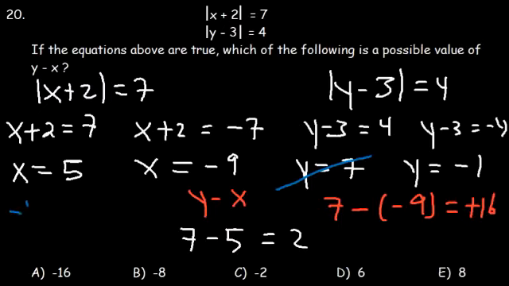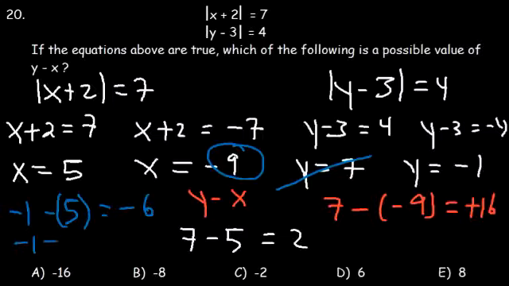So if we use negative 1 as y, we can use positive 5 for x. So negative 1 minus 5 is negative 6. That answer is not there. So now if we use negative 1 for y, and then the other x value, negative 9, negative 1 minus negative 9 is the same as negative 1 plus 9, which is equal to 8.